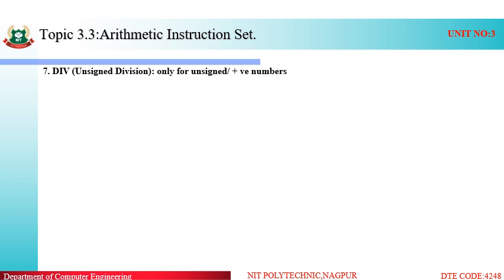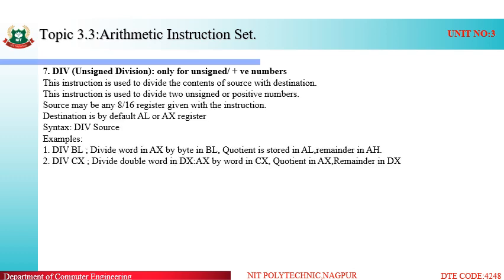DIV is used for unsigned number division and IDIV is used for signed numbers. Unsigned number means positive number, signed number means negative number. So it is used to divide the contents of the destination by the source. The instruction is used to divide two positive numbers.